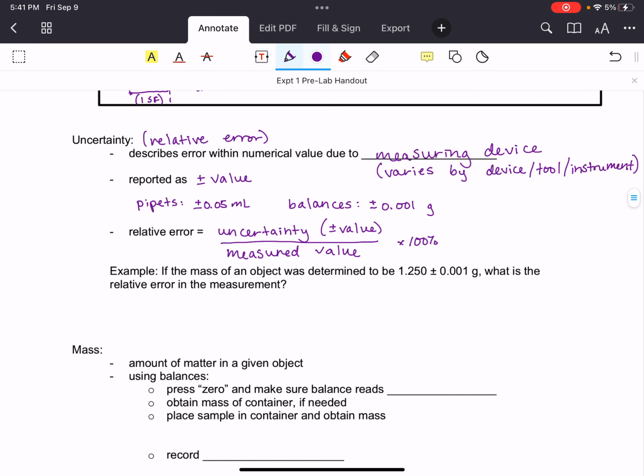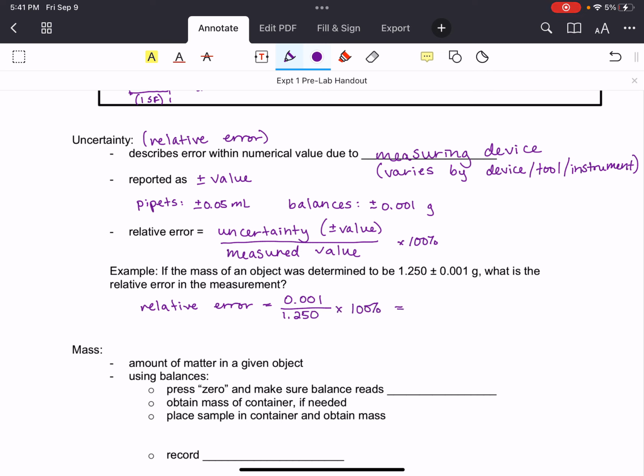If we ask you any questions where we say something like, if the mass of an object was determined to be 1.250 plus or minus 0.001 grams, what is the relative error in the measurement? You would say, well, I know that the relative error is equal to the uncertainty, or the plus or minus value, which is 0.001, divided by the value that I measured, 1.250, times 100%.